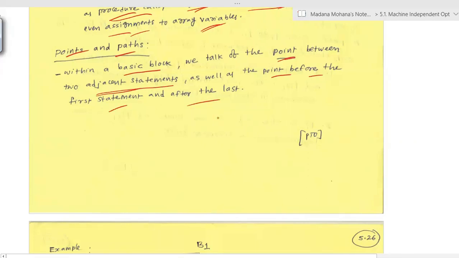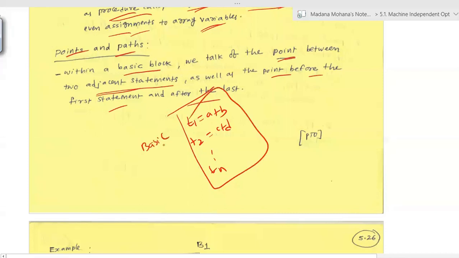Suppose here T1 equals A plus B, then T2 equals C plus D, and so on up to Tn. So this is one basic block. Here you can see the point before the first statement.